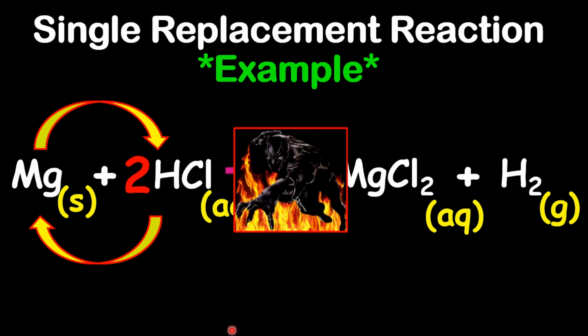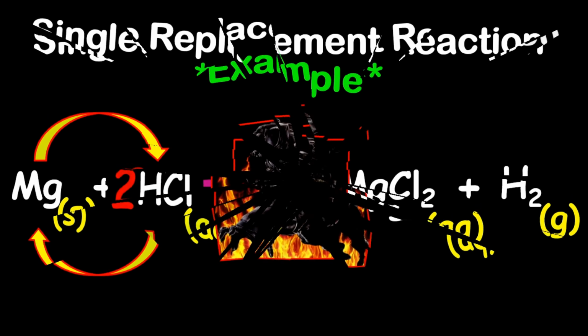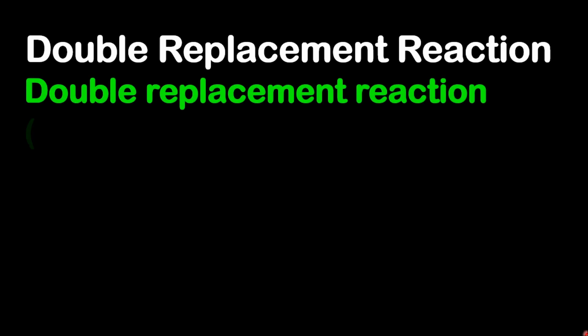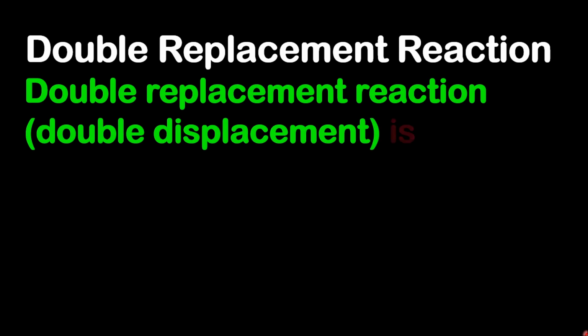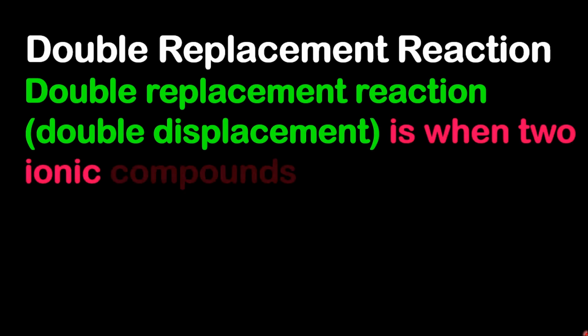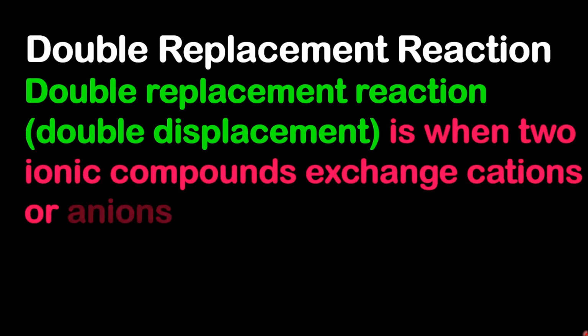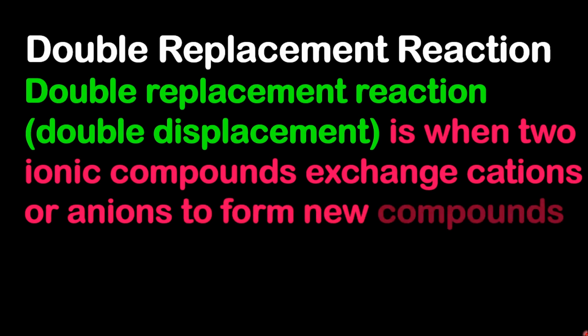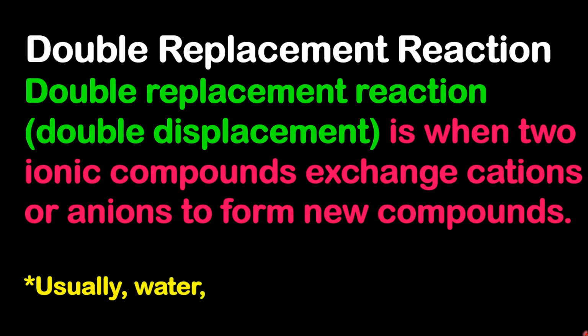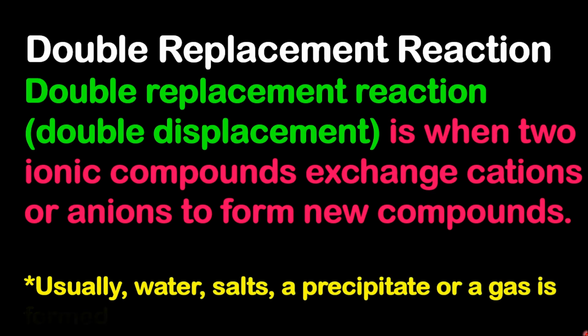Now jumping on to another reaction is double replacement reaction. Double replacement reaction is also called double displacement reaction, and it is when two ionic compounds exchange cations or anions to form a new compound or new compounds. Usually water, salts, a precipitate, or a gas is formed.